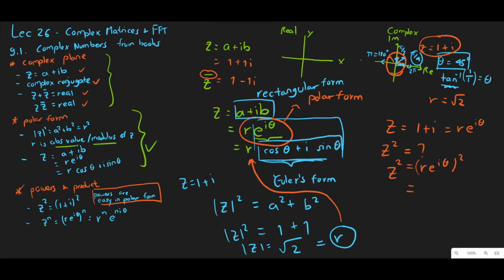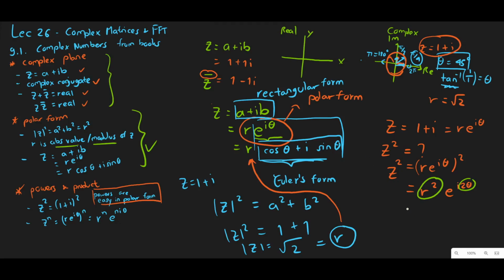If you square it, this will be r squared e to the power of 2 theta i. So what you're doing is squaring, or taking the nth power of, the r, and then you just double the angle.